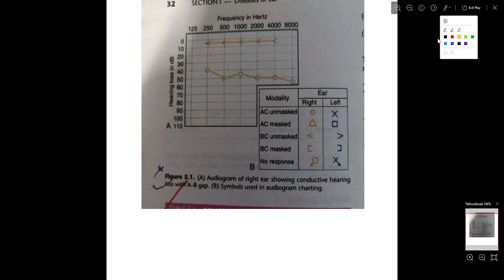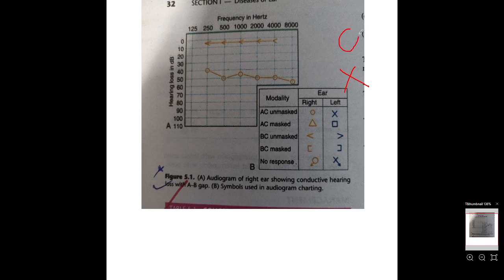The X is for left here, and the O is for the right here. C is for the bone conduction of the right ear, and the inverted C is for the bone conduction of the left ear. Okay, so this is like C.